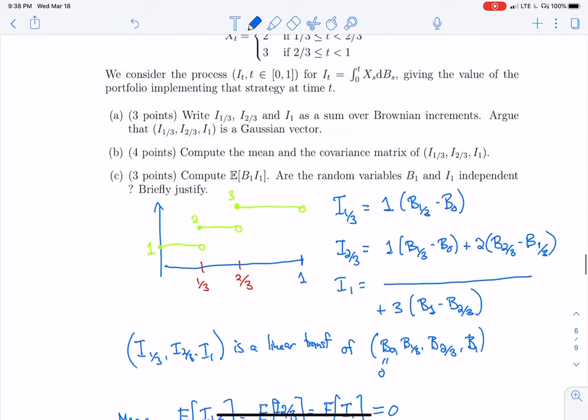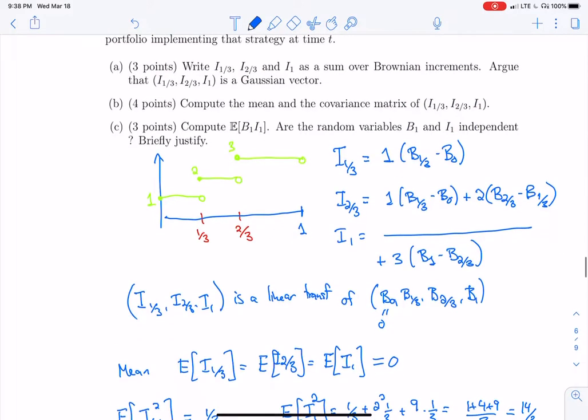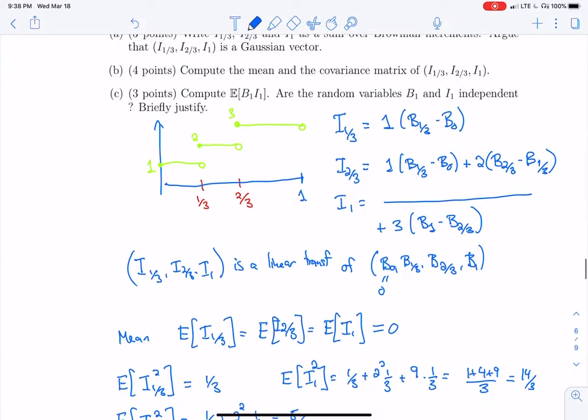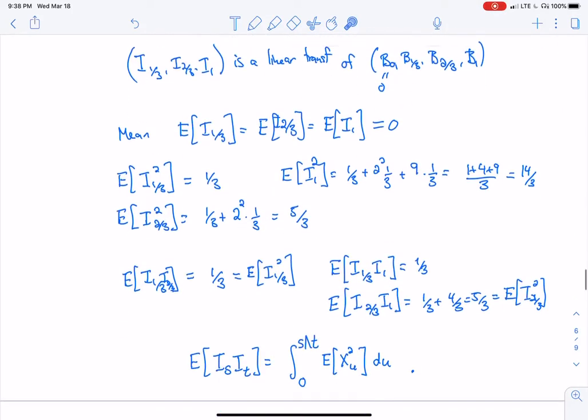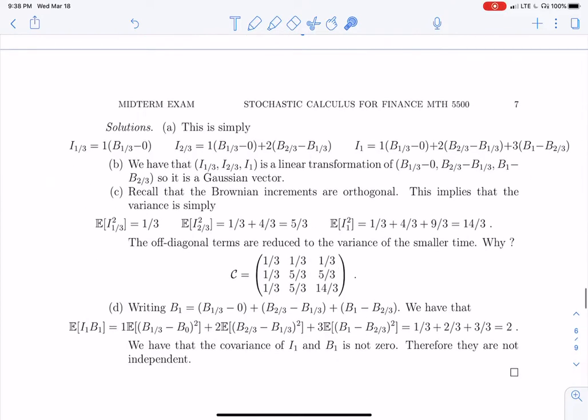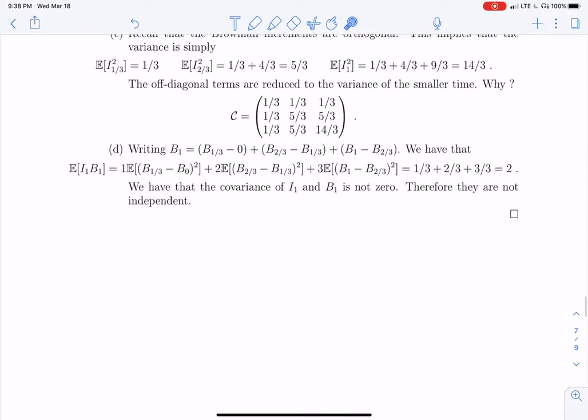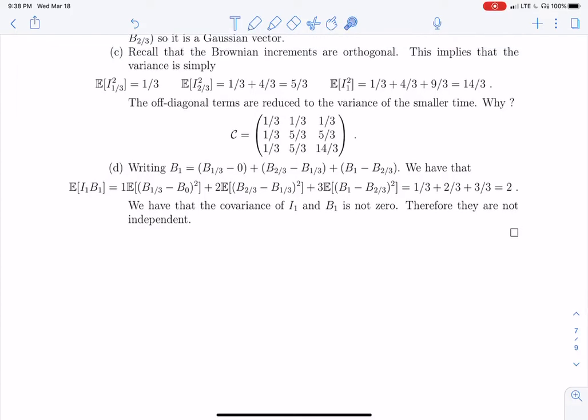Okay, so that takes care of B, and now I need to compute I1 and B1, and I have to decide if they're independent or not. So the trick here is that B1 I can also write as the integral of an increment.